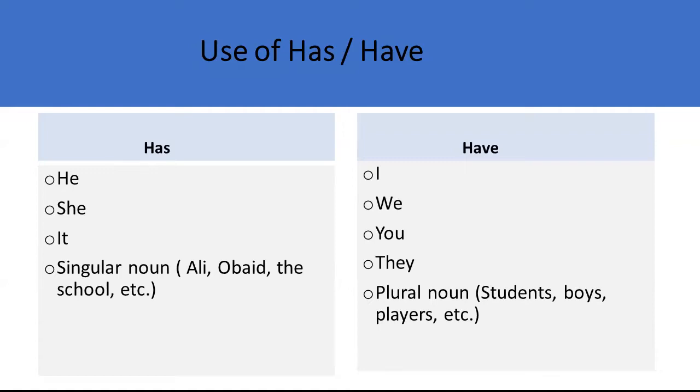You can see we use auxiliary verbs according to the subjects. And we already know that a subject could be a noun or pronoun. In case of has, we have the subjects he, she, it, or any singular noun, for example, Ali, Ubaid, the school, etc. Whenever any of these comes at the subject position, we will use has as the auxiliary verb.